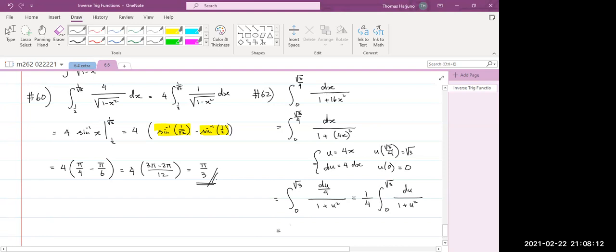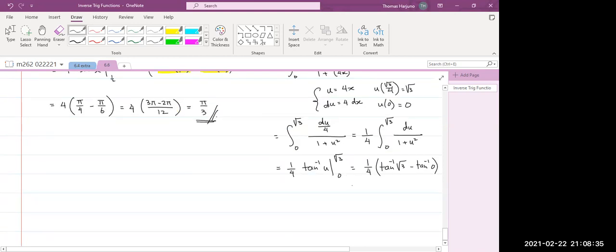The 1/4 outside is Mickey Mouse. The one inside is tangent inverse u from 0 to radical 3. That's 1/4 times tangent inverse of radical 3 minus tangent inverse of 0, which is 0. So this is 1/4 times pi over 3, that's pi over 12.